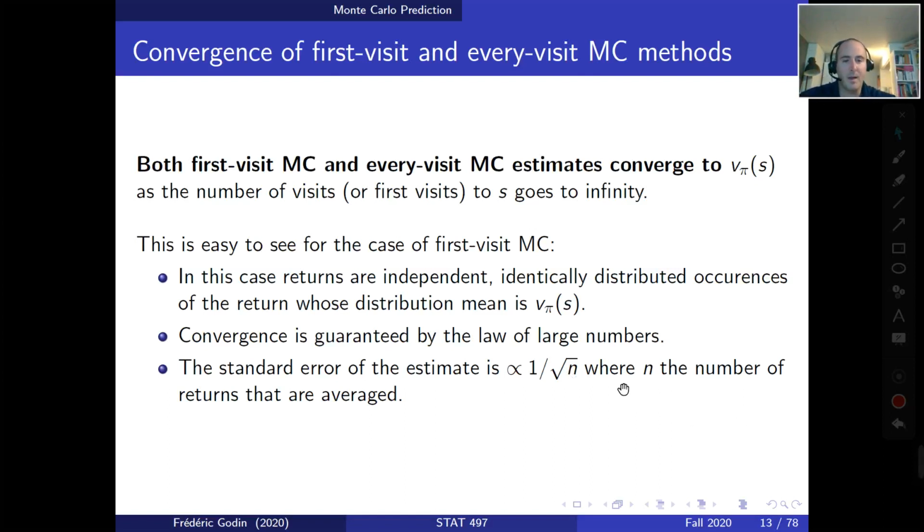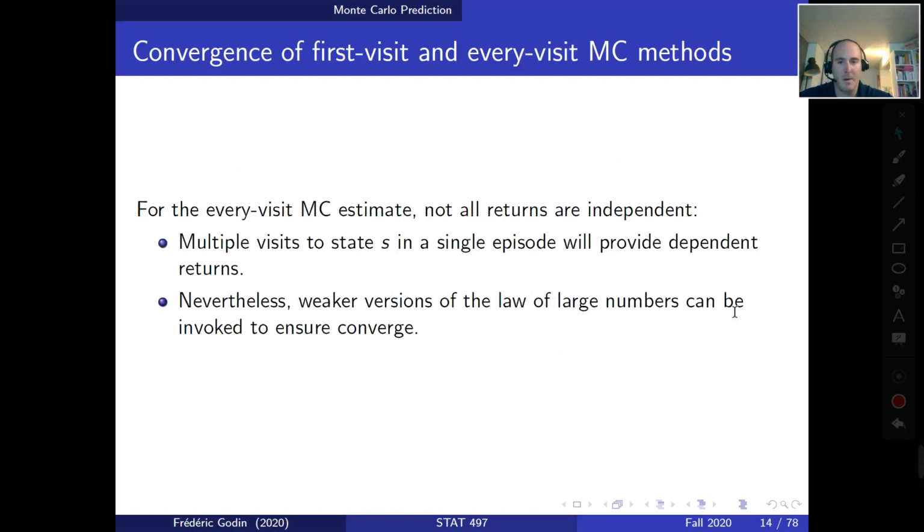Okay, so as n goes to infinity, the standard error will shrink, at least asymptotically proportionally to 1 over the square root of n. Okay, so for the first visit case, it's very clear that our estimate of the state by averaging all returns associated with first visits to that state converges to the true value.